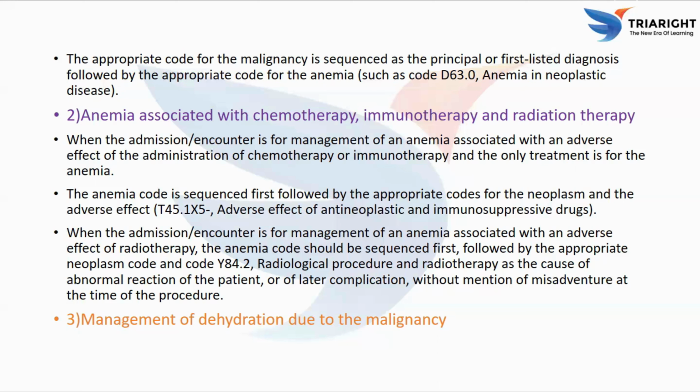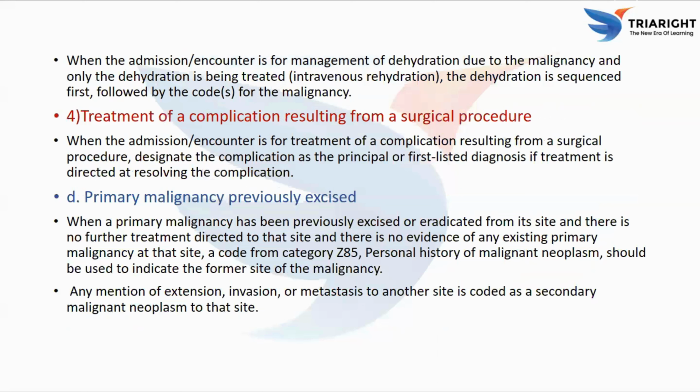And the third guideline is about management of dehydration due to malignancy. So the patient has cancer. Dehydration is caused by the malignancy. So the encounter is only for dehydration treatment. So how do you code here? What is the correct sequencing?